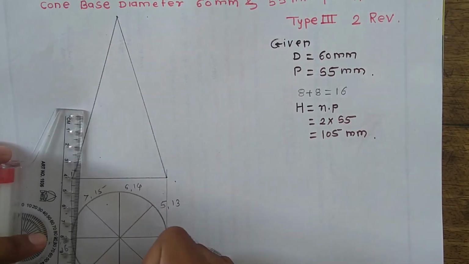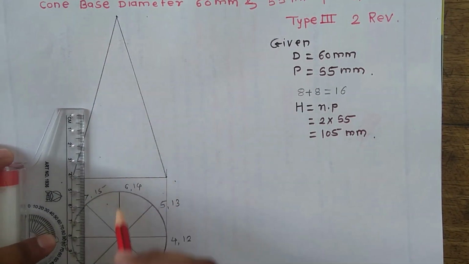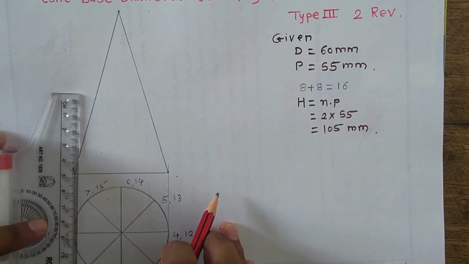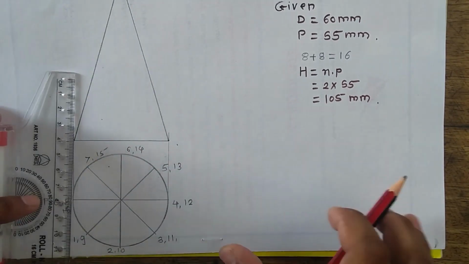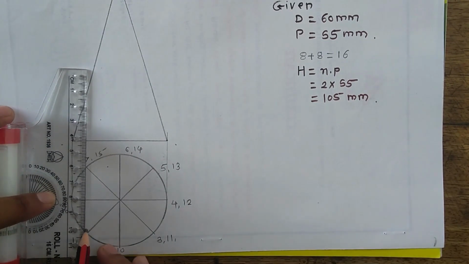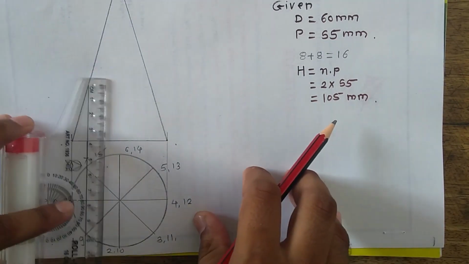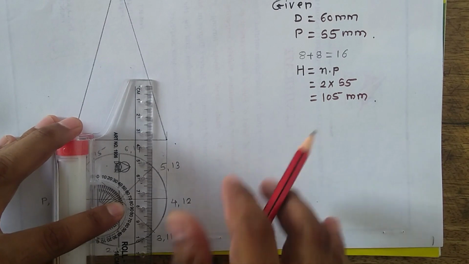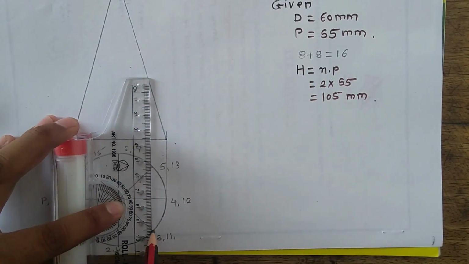So now here these 1 and 7 number points I will transfer. Here this 1 and 7 I will transfer in front view. Next 3 and 5 I will transfer into the front view.